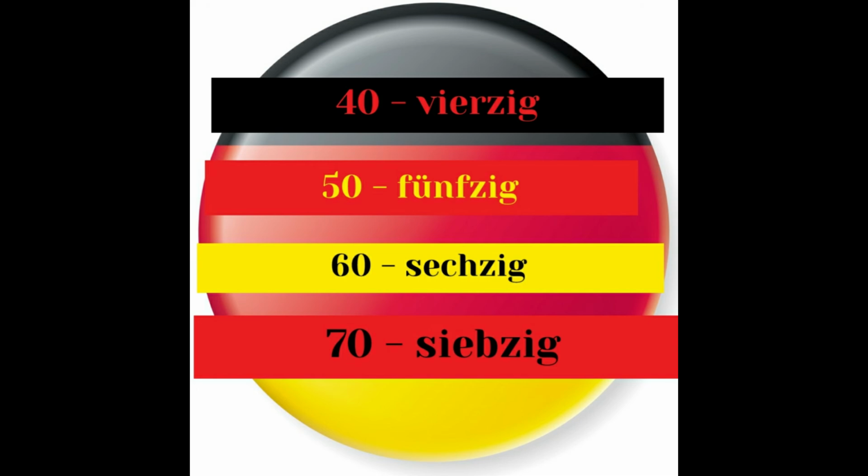Same with 70. Remember, 7 is sieben. 17 was siebzehn. We dropped the en. Do the same for 70, and we have siebzig.